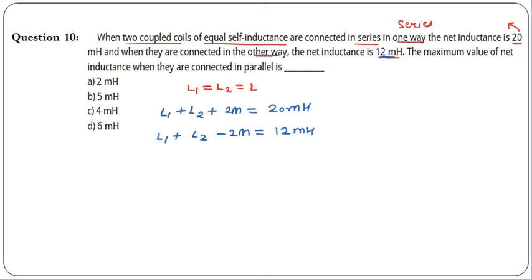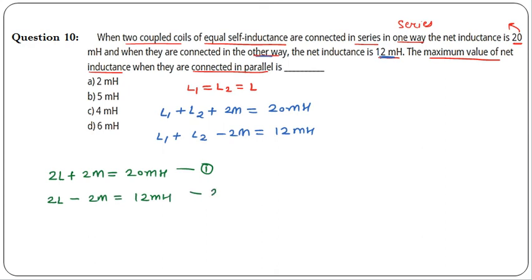Now we have to calculate the maximum value of the net inductance when they are connected in parallel. As L1 is equal to L2 is equal to L, if we substitute here, we are getting 2L plus 2M equal to 20 millihenry. Suppose this is equation 1. Similarly, here we are getting 2L minus 2M equal to 12 millihenry.